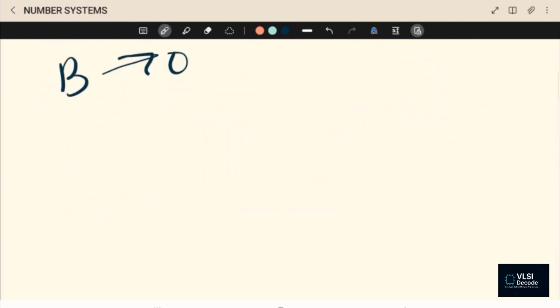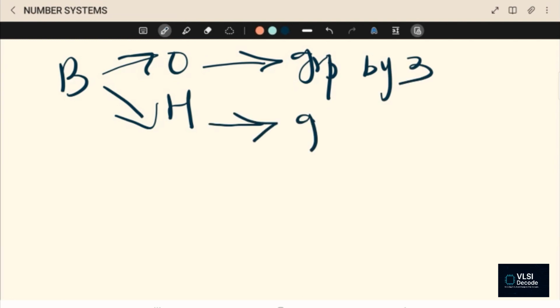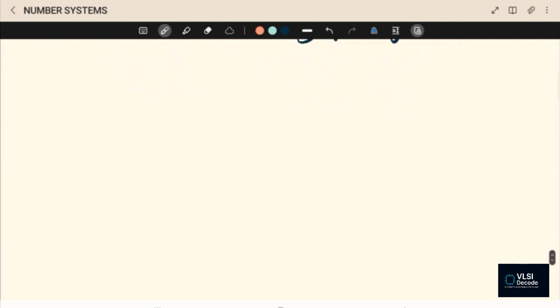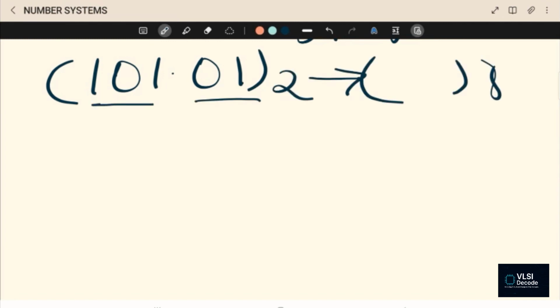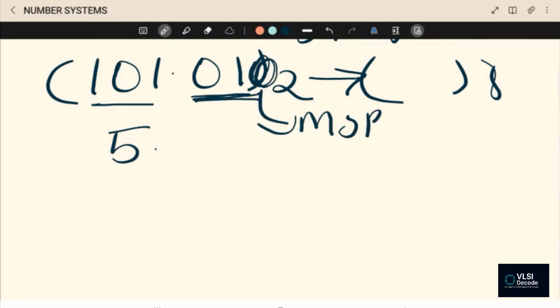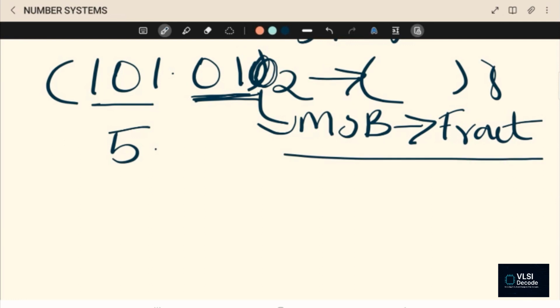Now let's see binary to octal and binary to hexadecimal. For binary to octal you just have to group by 3, and for hexadecimal you group by 4. Let's take an example. Here we're taking 101.01. You group by 3. If you group 3, you get 5. Here in the fractional part, I don't have an extra 0, so I append a 0 in the LSB for the fractional part.